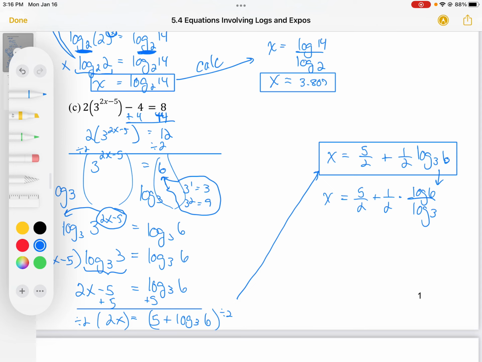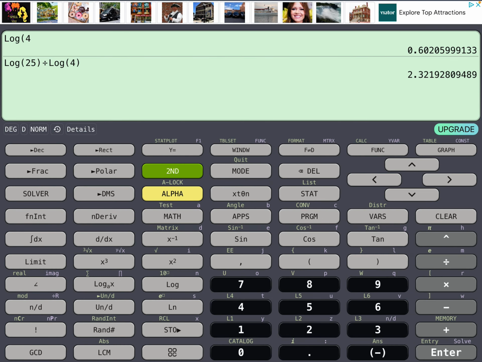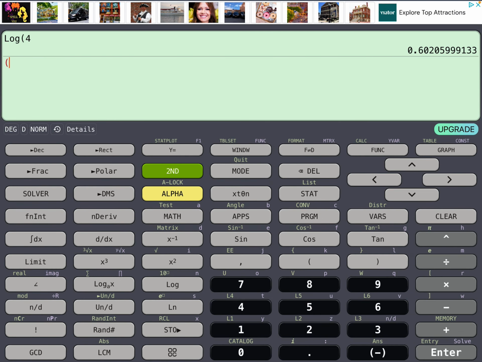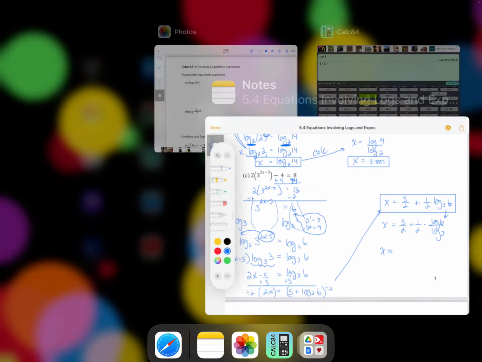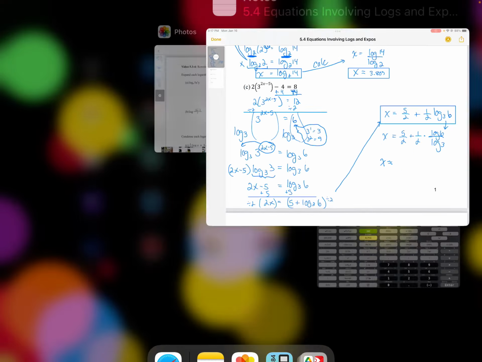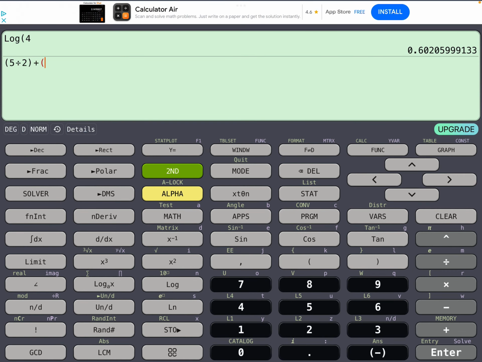Now, I'm going to try to enter this into a calculator. Let's see how this goes. So we have 5 divided by 2 plus 1/2. Could have just entered that as 0.5.